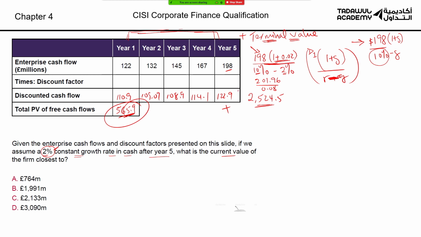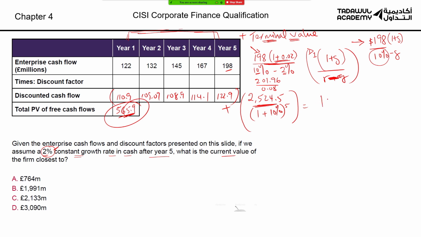Just like we took the present value of the cash flows, we have to discount this terminal value by the weighted average cost of capital, which is 10%, over 5 years, right? This is in the 5th year. So 1.1, that is 1 plus 10%, to the power 5. So the present value of the terminal value is 2524.5 divided by 1.1 to the power 5.